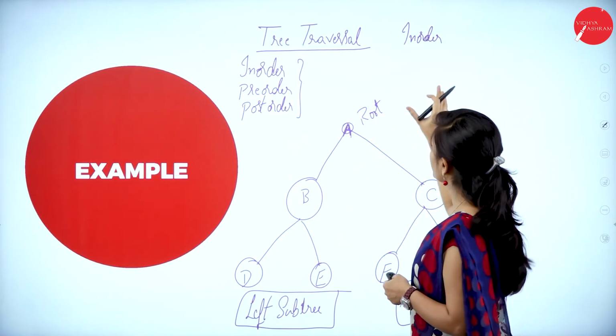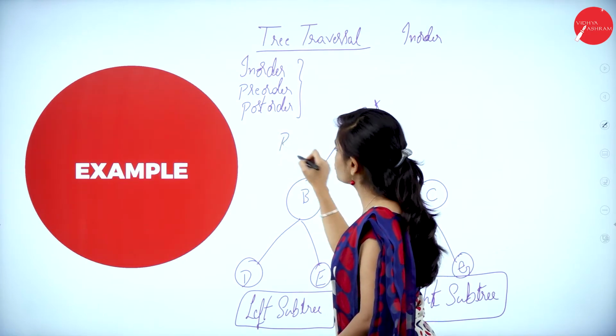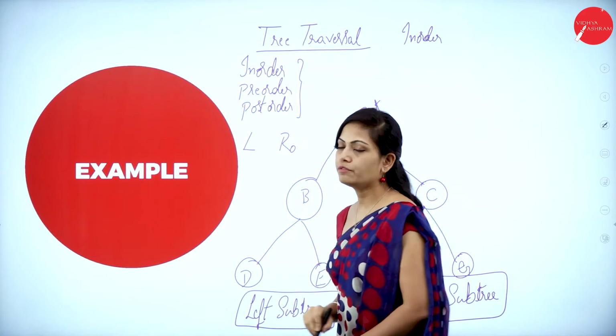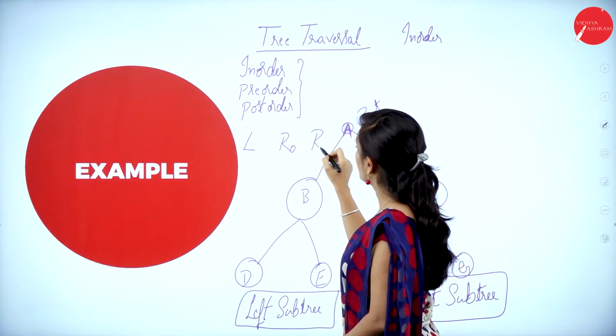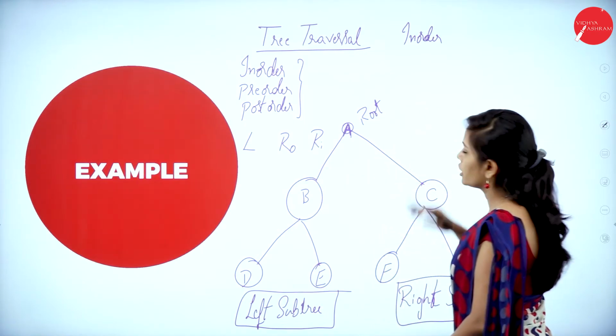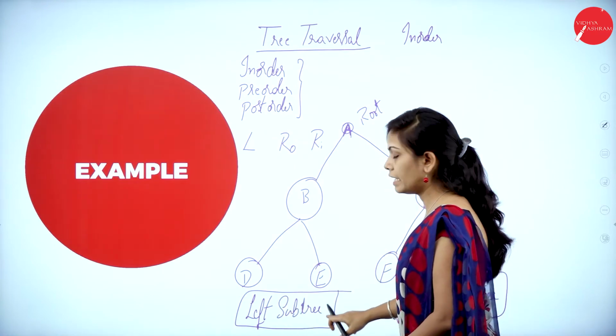I'll draw an in-order traversal. In in-order traversal, the root has to be in the middle: here is the left subtree and here is the right subtree. This is the concept of in-order. Now I'll write the in-order for the given graph. First should be the left subtree.